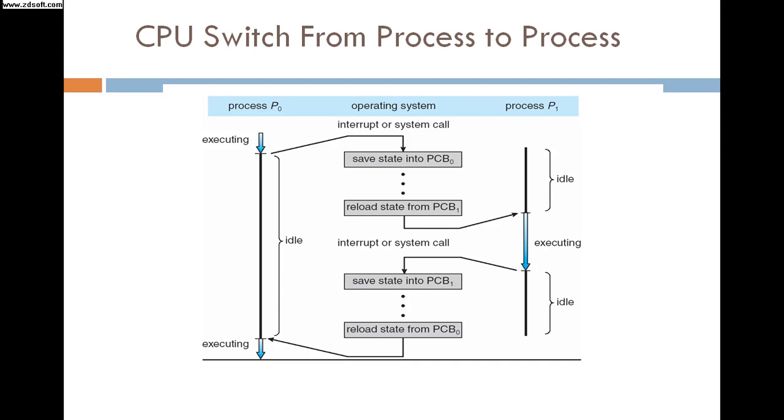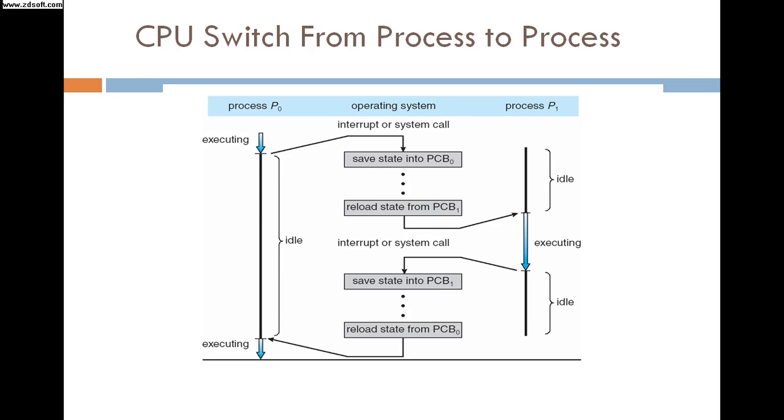We can define how the CPU switches from process to process. Consider two processes, process P0 and process P1. Initially process P0 is in the executing state. If any interrupt or system call occurs, we save the state into PCB0 and reload the state from PCB1.